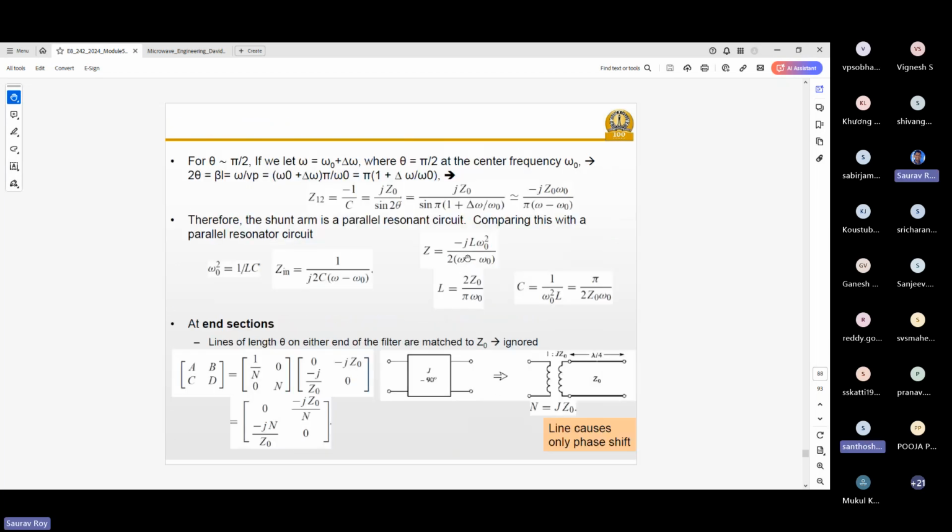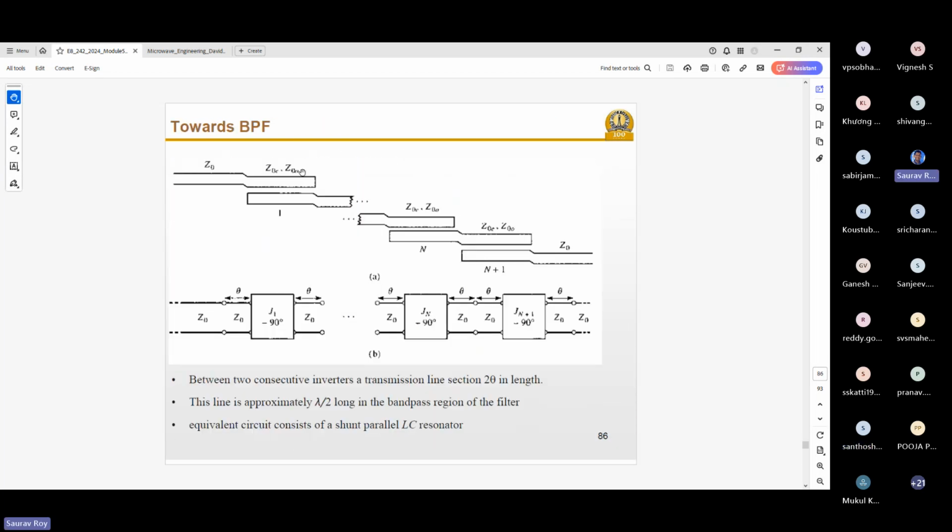Okay, what you are saying? Yes. Ultimately we are trying to replace the L and C in that with this. In that, inductors only we will tune. Right.